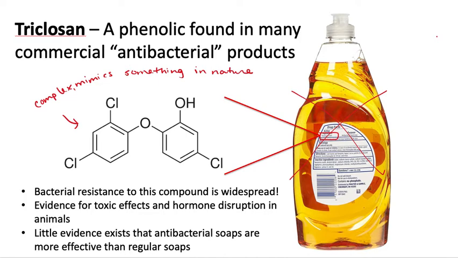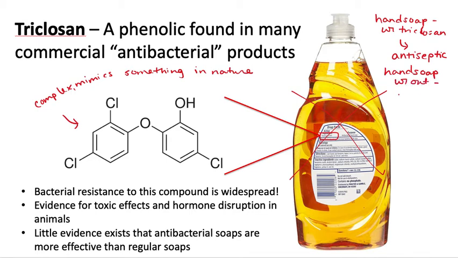So if you are using an antibacterial product, if it's hand soap with triclosan, then we would call that an antiseptic. If it's hand soap without triclosan, then we would call it a sanitizing agent or a sanitizer. Same thing with dish soap.